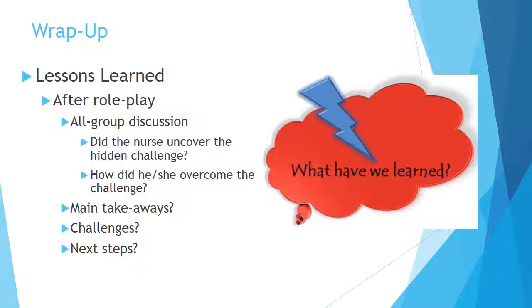So the main takeaways. You have a customer. You need to meet the needs of that customer, and it means that that customer needs to walk out with clarity of understanding. What do you do if you can't do that? You've gotten to the end of your time with that patient and that patient does not understand.